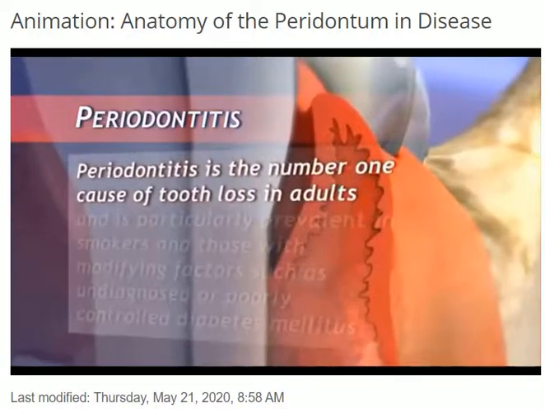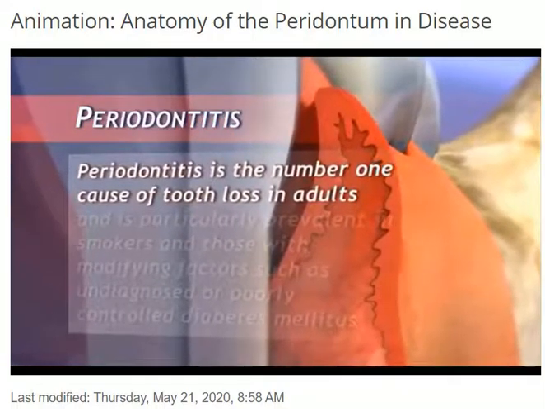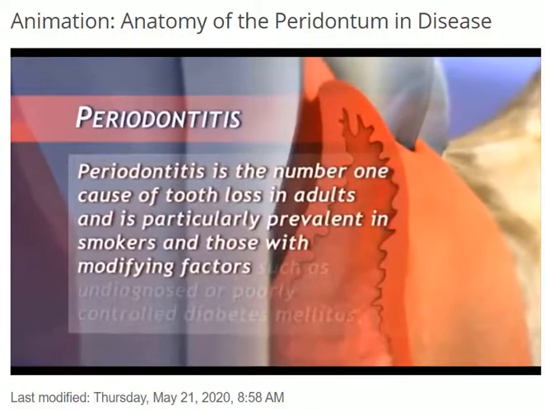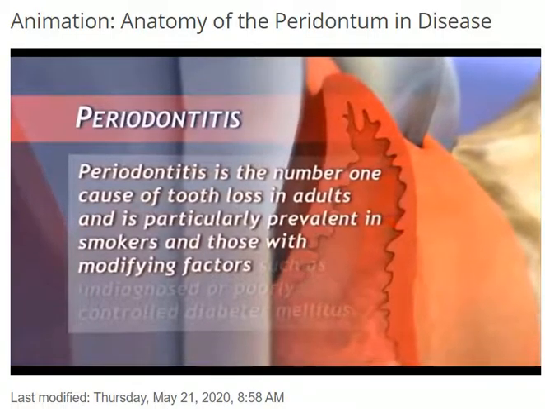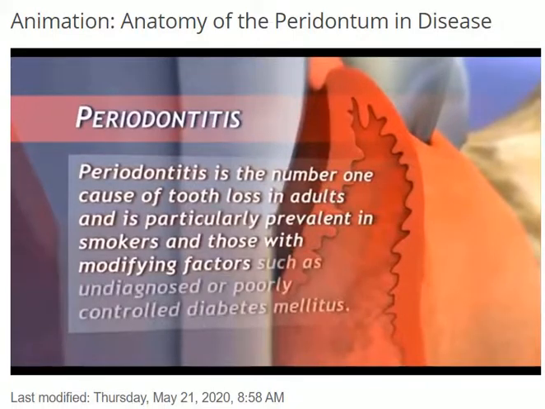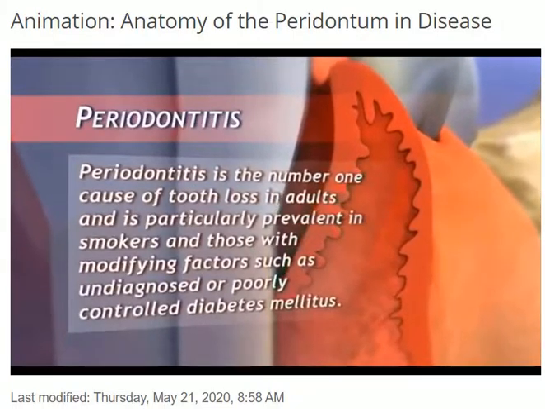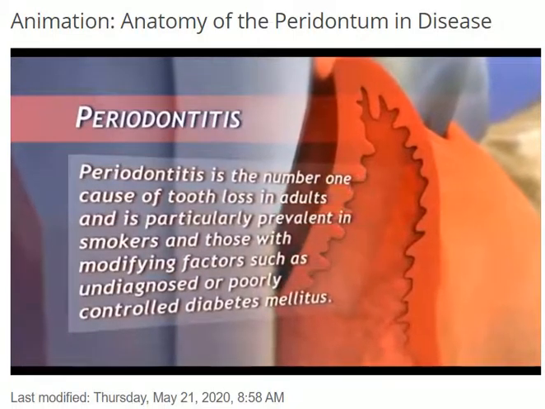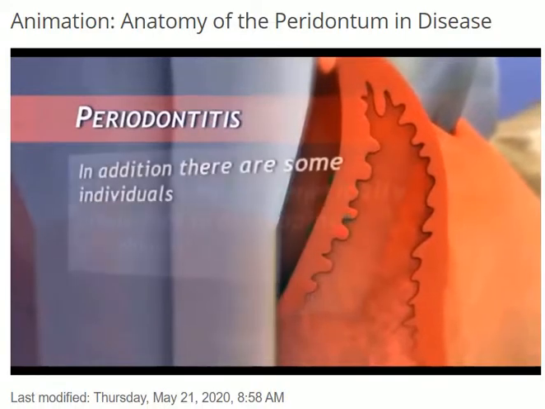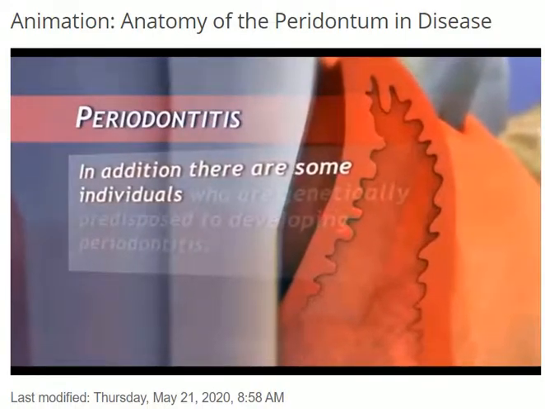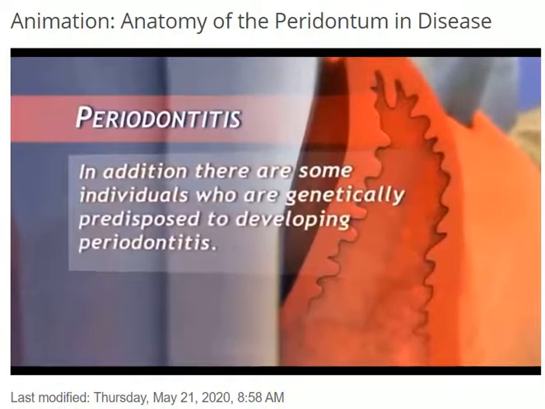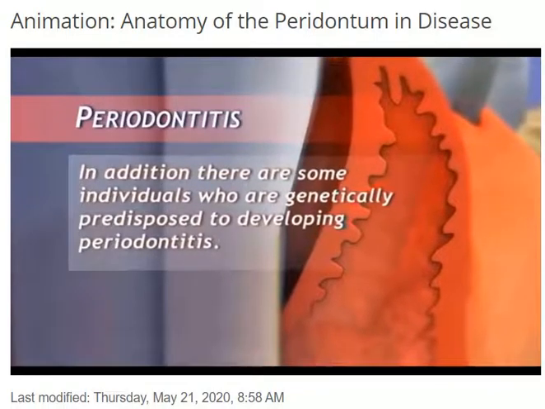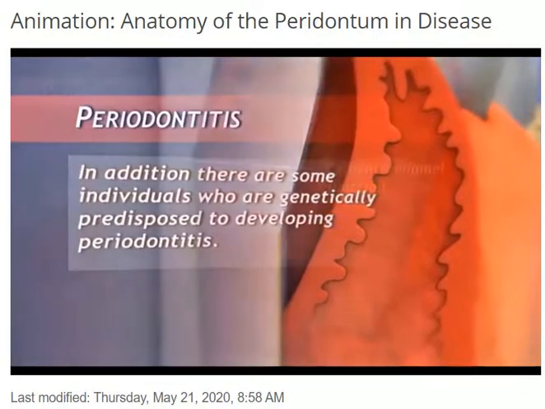Periodontitis is the number one cause of tooth loss in adults and is particularly prevalent in smokers and those with modifying factors such as undiagnosed or poorly controlled diabetes mellitus. In addition, there are some individuals who are genetically predisposed to developing periodontitis.